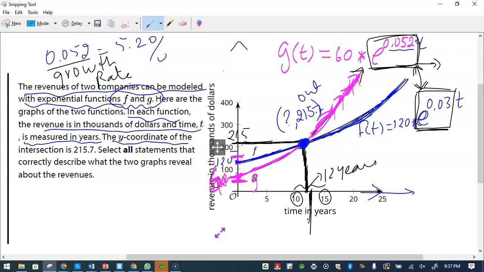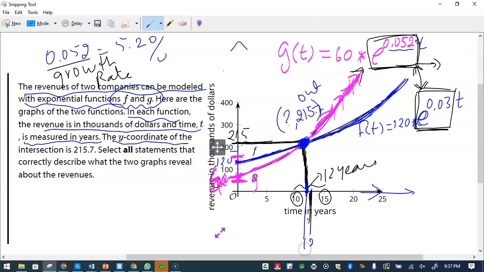So if you see in the beginning, let's see. So if you look at this point, at both points the revenues are the same. So what this means actually is, I don't know what this point is here.